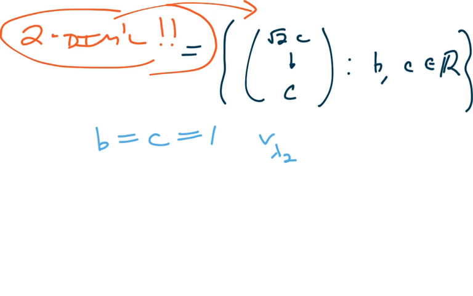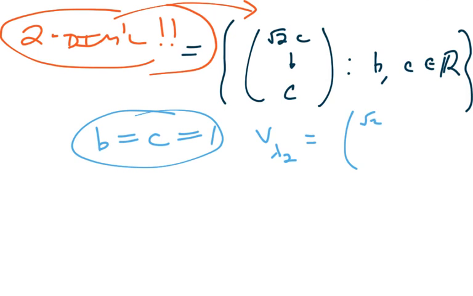Let me call this one V and W. So V sub lambda 2, which is coming from my choice of B and C both being 1, will be root 2, 1, 1. All right? And let me call the other one W sub lambda 2.